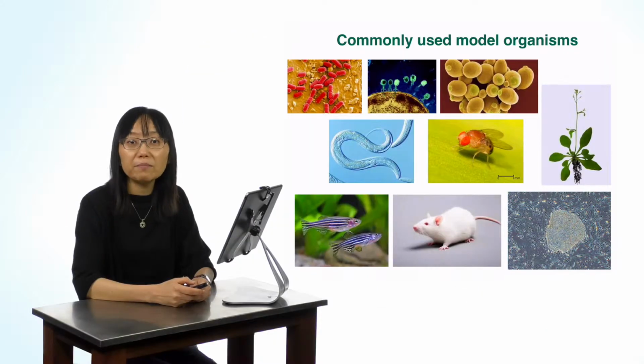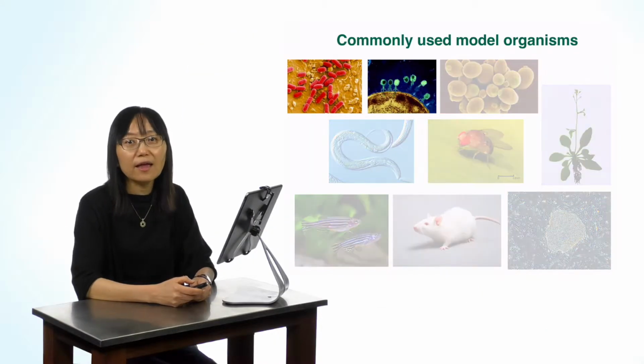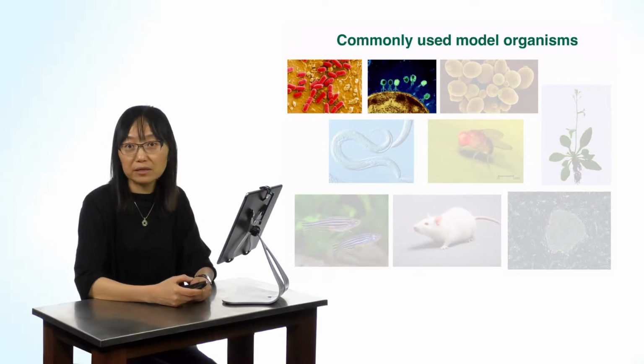In this video, we will go over practical issues involved in designing a genetic screen. There are many genetic model organisms available to us now. They can be prokaryotic bacteria, or bacteriophage, or viruses.